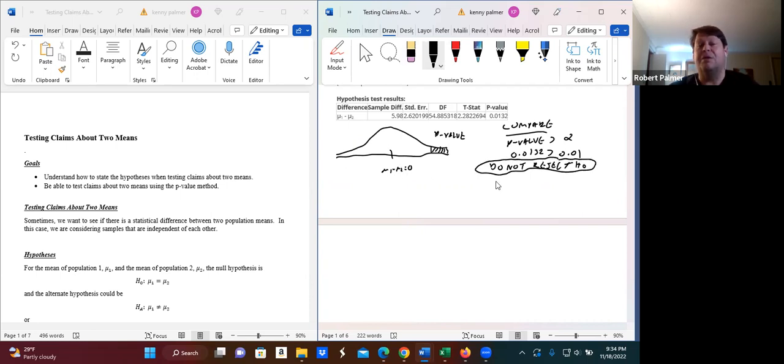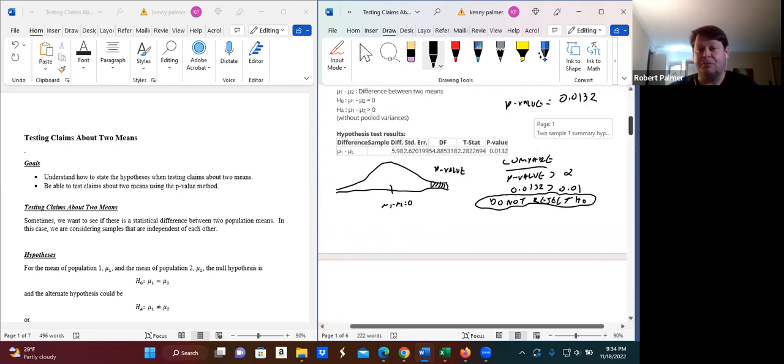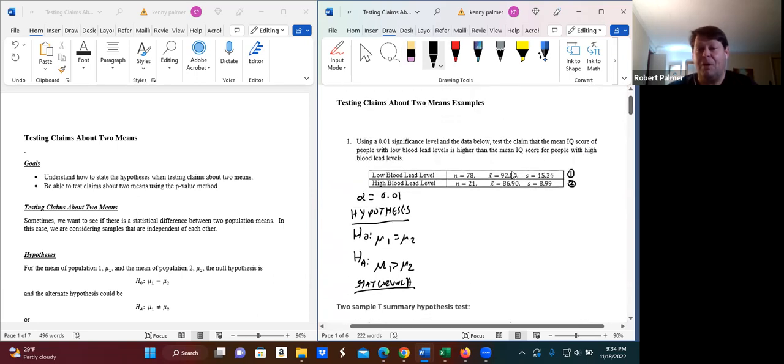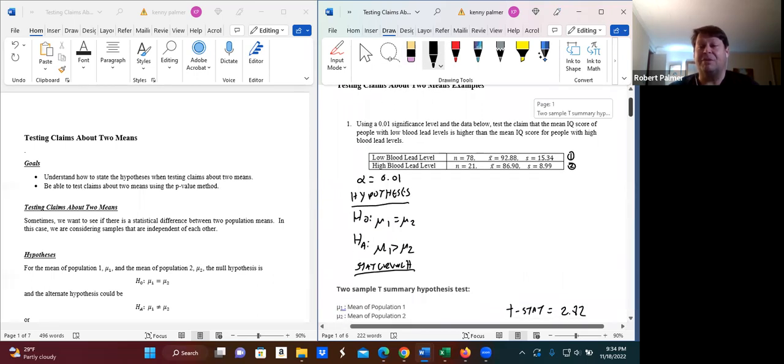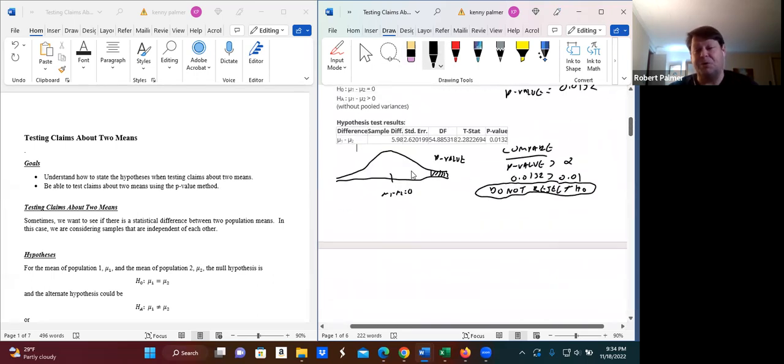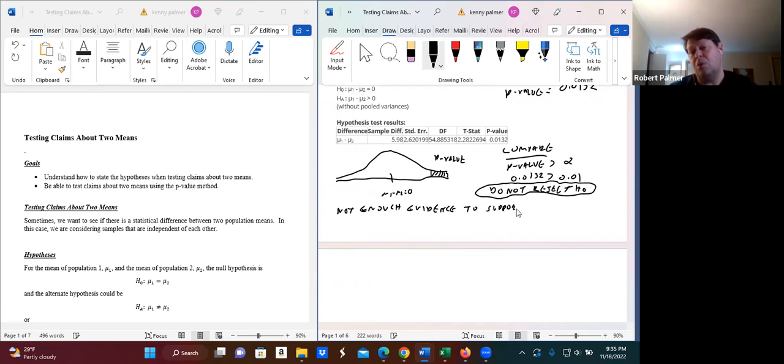All right, so then to summarize this, the claim was that those with low blood lead levels had a higher mean IQ than those with higher levels. And so there's not enough evidence to support the claim. It could still be true, but based on this test, there's not enough evidence to support the claim.